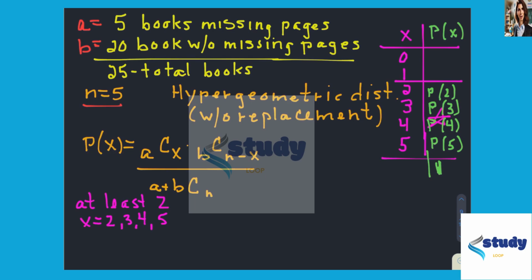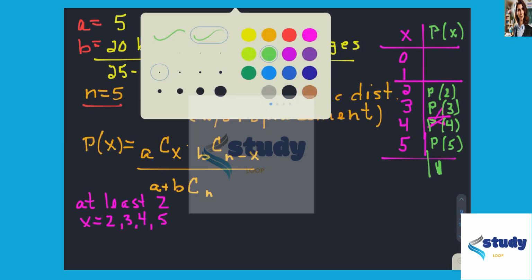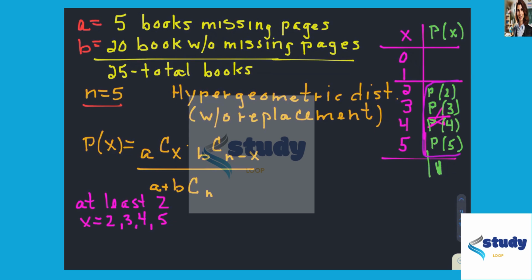So again, we could either do the 2 plus the 3 plus the 4 plus the 5, or instead, I can do 1, take away the probability of having no books come up with missing pages, and take away the probability of having 1 book. And I will end up with the at least 2 probability answer.